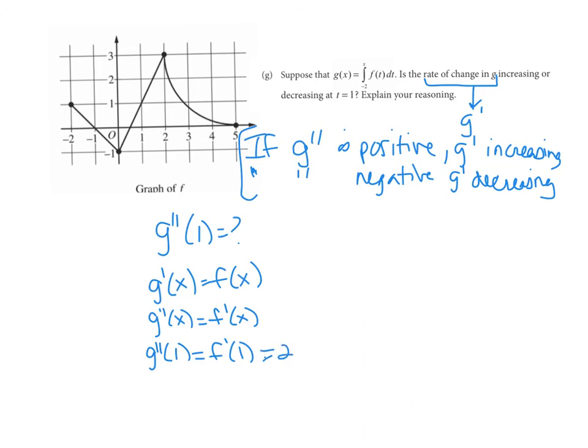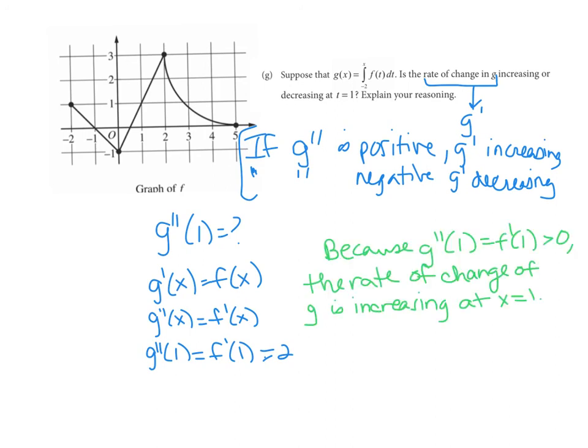So for this one, because our f prime of 1 is positive, that means that the rate of change of g is increasing at that point. And this type of explanation is sufficient. You do need to mention the second derivative and that it's increasing. It'd be nice if you showed all of the supporting work that I just have right here. This one would be worth 1 point, by the way.